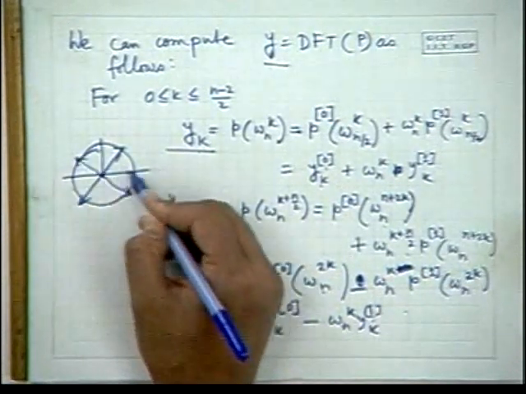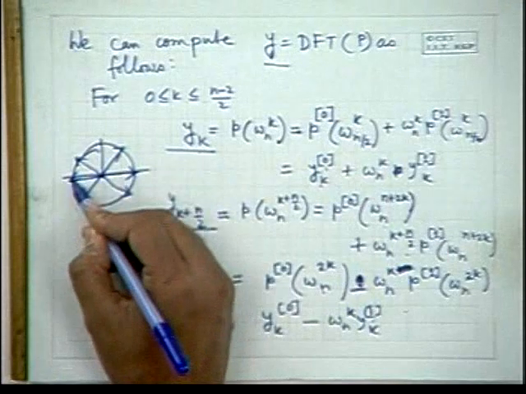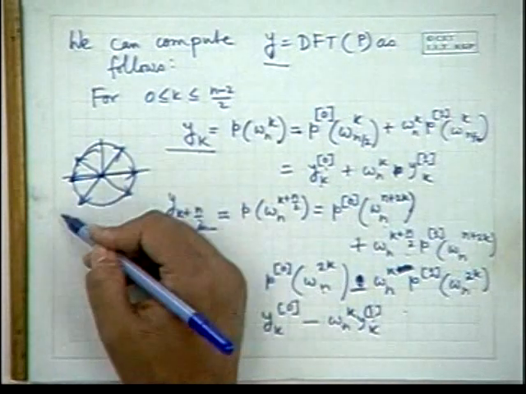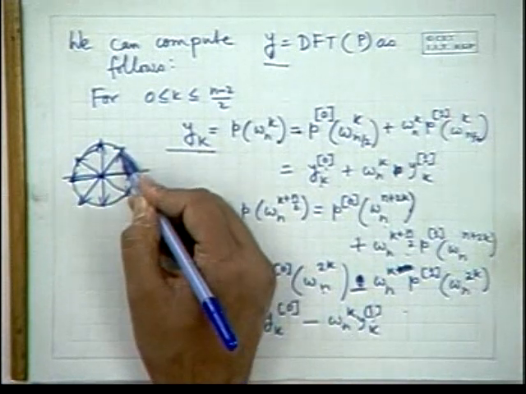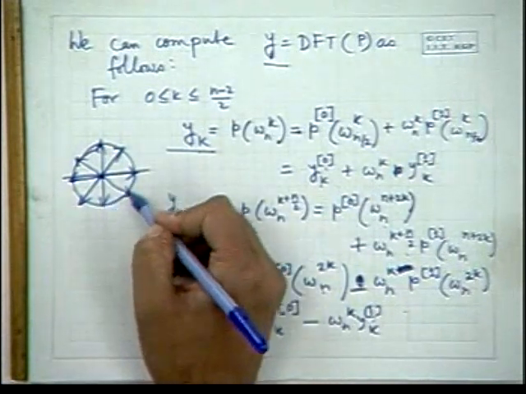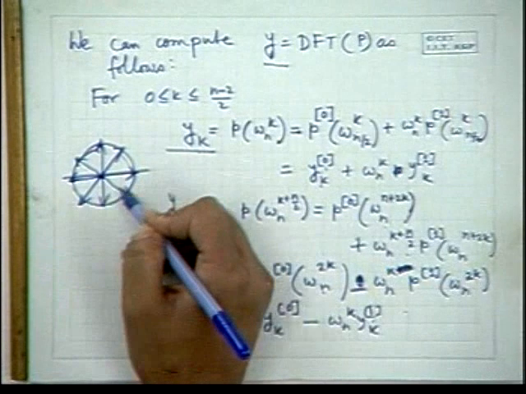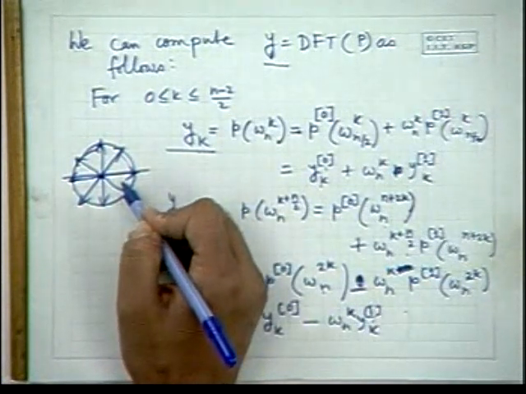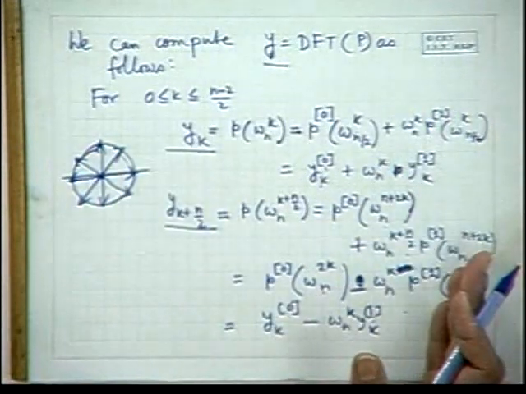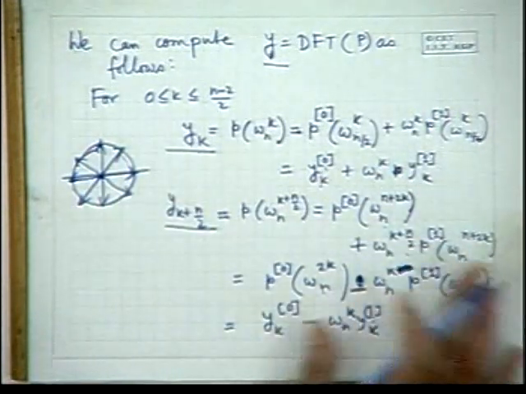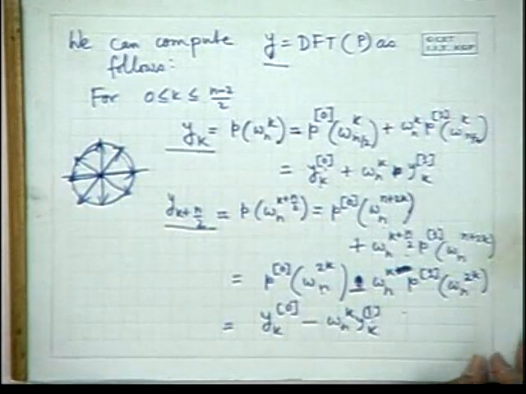There is 1, minus 1, i, minus i. So as if you are evaluating the function in one half using some of these roots, the other evaluations you are getting from these ones using some of the properties. This symmetry you are actually using. That's why you are gaining here.